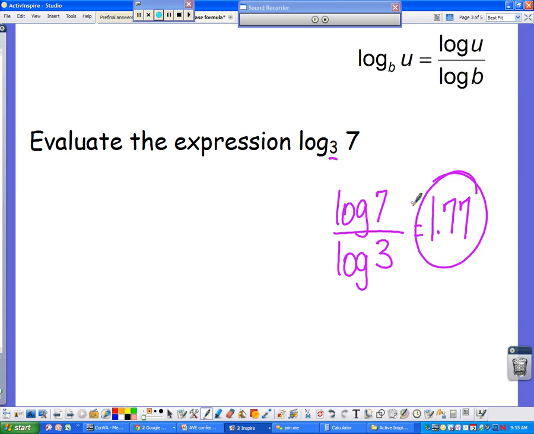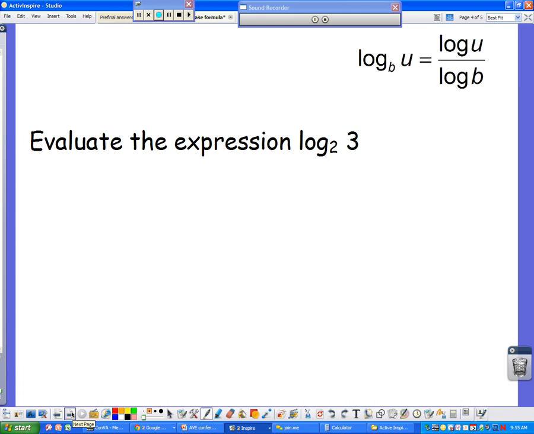Okay. All right, so let's take a look at a couple more examples. So this time we're going to do log base 2 of 3. Here's the formula up here at the top. So go ahead and pause the video at this time, and let's see if you can do this one on your own. All right, so let's check that. So remember, here's our base. So in the base, it's just log 2.